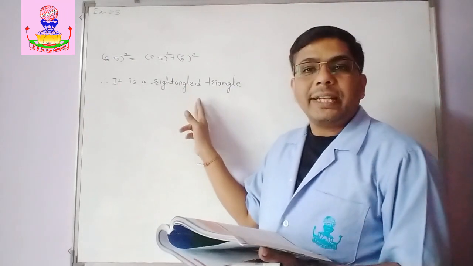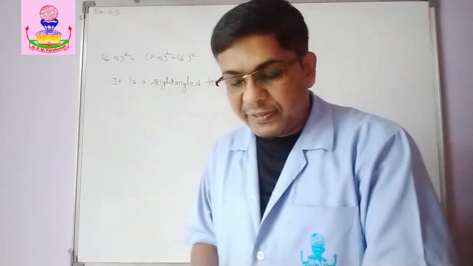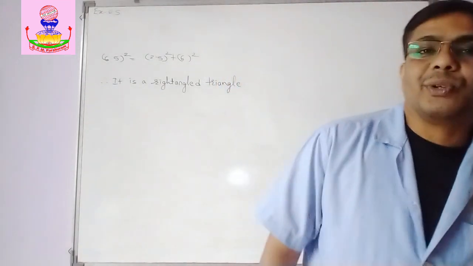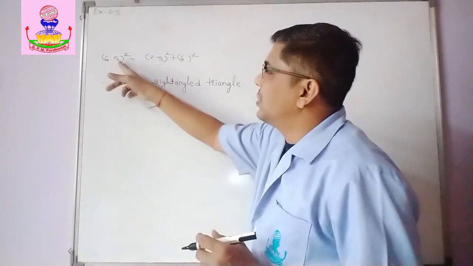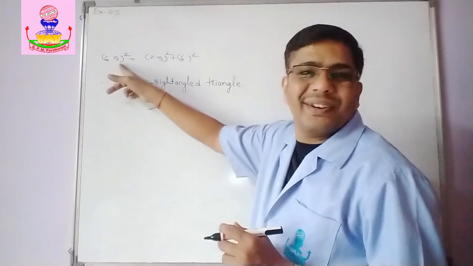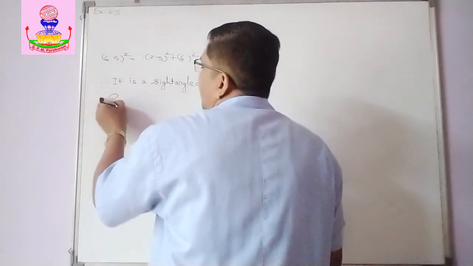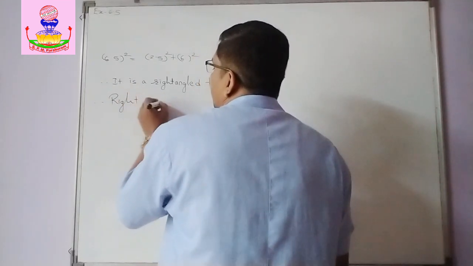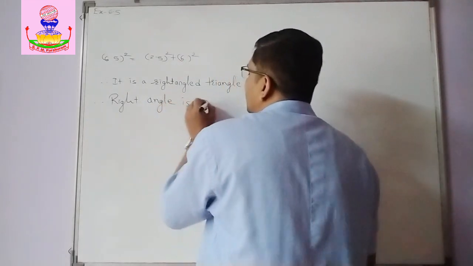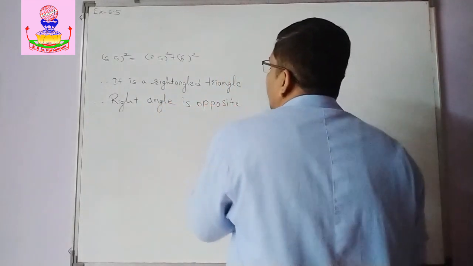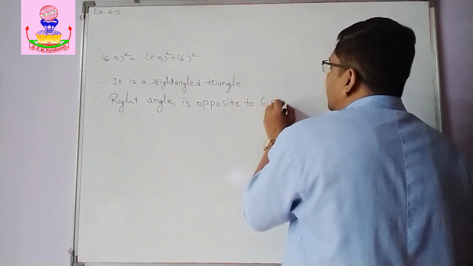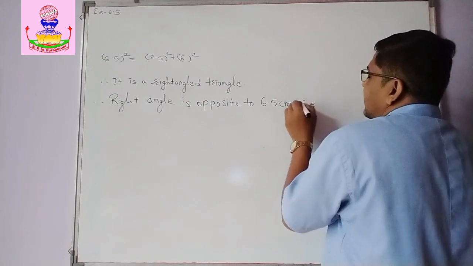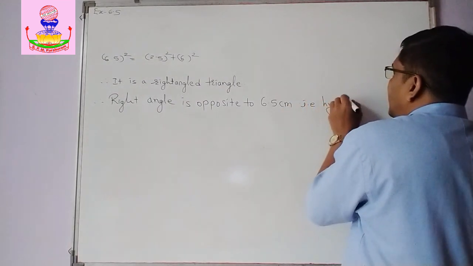So we got this, therefore it is a right angle triangle. But there is one more question. In the case of right angle triangles, identify the right angle. So where is it going to be? It is going to be opposite to 6.5. So therefore the right angle is opposite to 6.5 centimeter, that is the hypotenuse.